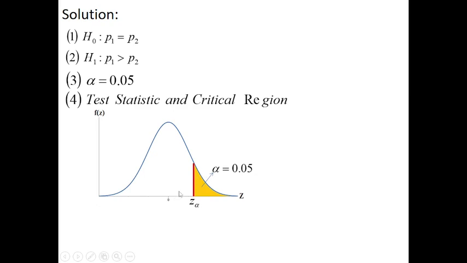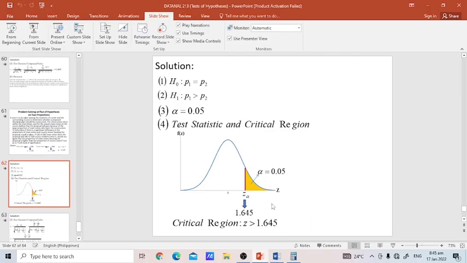Using table 8.3, we're going to solve for z sub alpha, the area to the right of z sub alpha. So finding z sub alpha, that is 1.645. How did we arrive at 1.645?